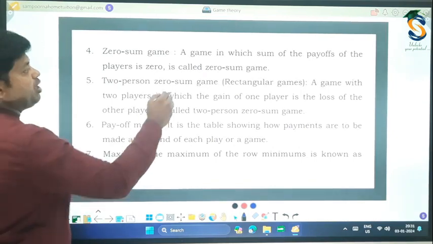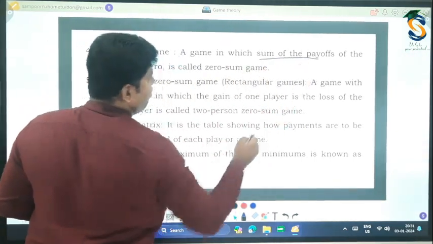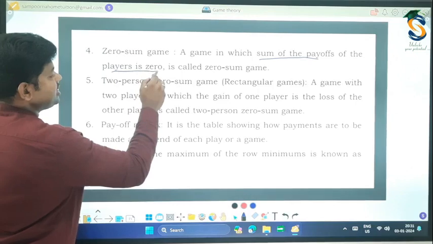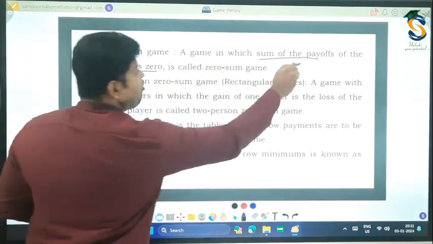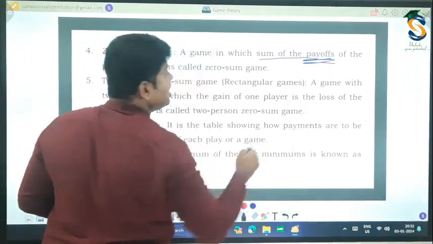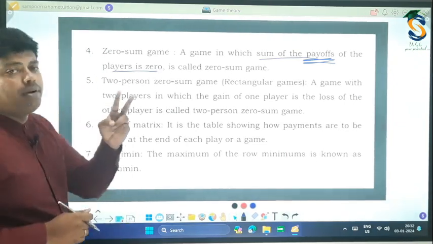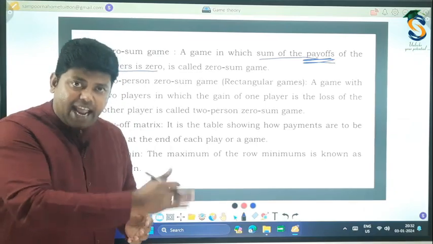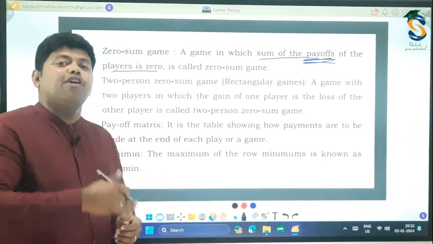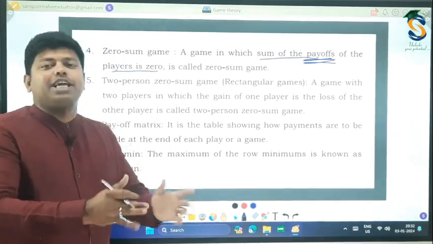Zero-sum game: a game in which the sum of the payoffs of the players is 0. Here sum of payoff means the profit or loss. If there are two players, the profit of A plus the profit of B will always be 0.